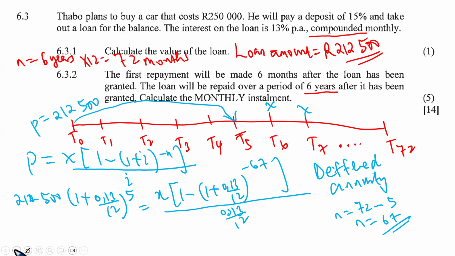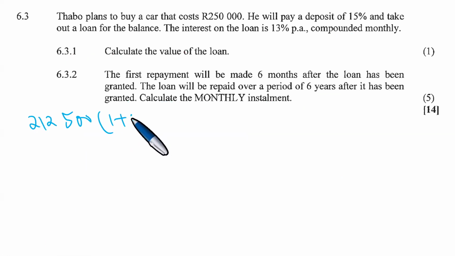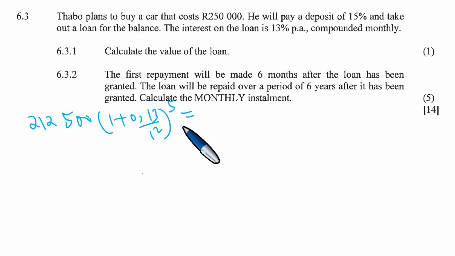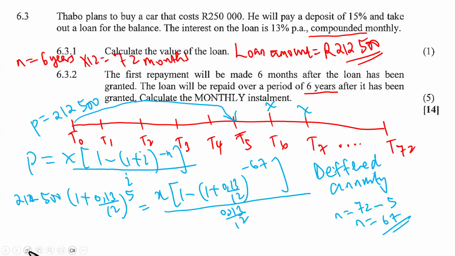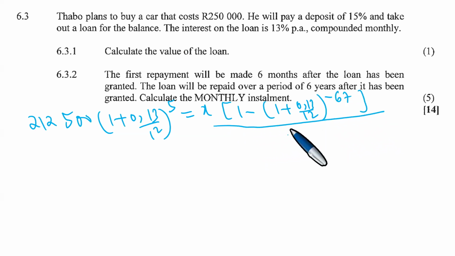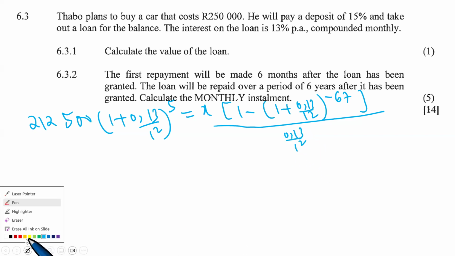And then you have 1 plus 0.13 divided by 12, raised to the 5th power, is exactly equal to x times 1 minus 1 plus 0.13 divided by 12, raised to minus 67, divided by 0.13 divided by 12, like so.